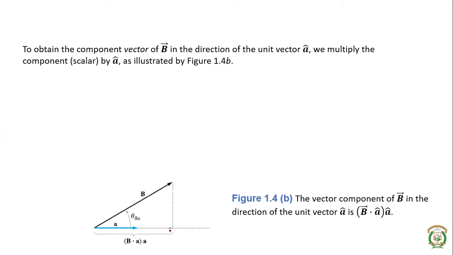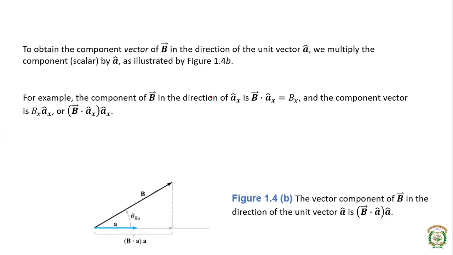There is an arrow mark here. In the previous one, there was no arrow mark. So you take the scalar component and multiply it by the unit vector. Take b dot a, then multiply it by a cap. You get the vector component in that direction. Suppose you want to find the vector component of b in the direction of ax, then it is b dot ax. This is the scalar component.